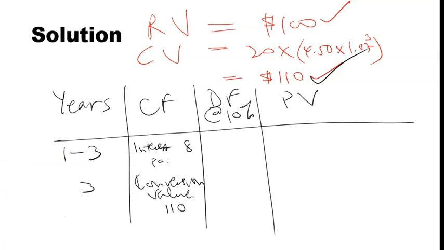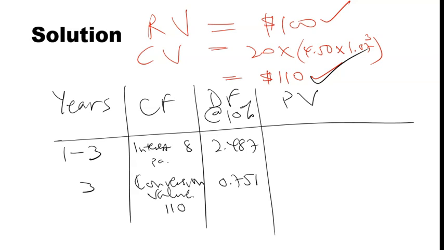So what happens is the discount factor for 10 years is actually going to be an annuity factor for 10%, 3 years, and this is going to be 2.487 because the interest payments are going to be paid per annum. And then we have to discount this amount at 10% for 3 years, that's 0.751.